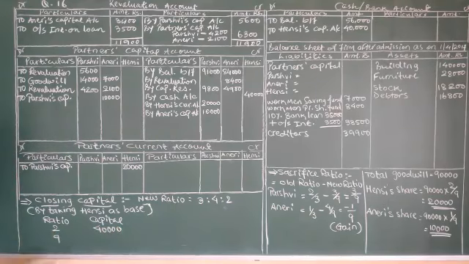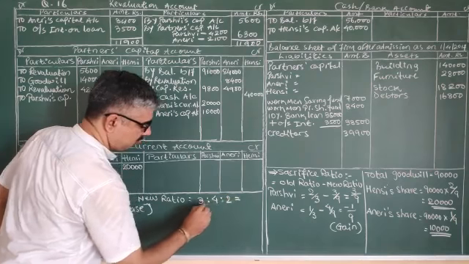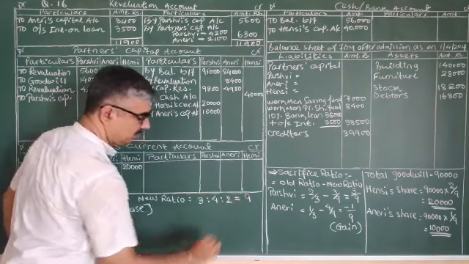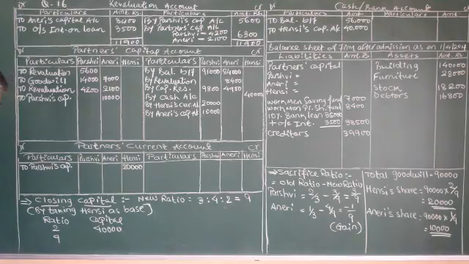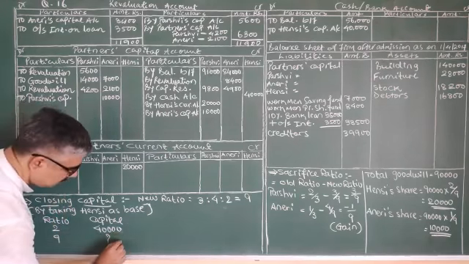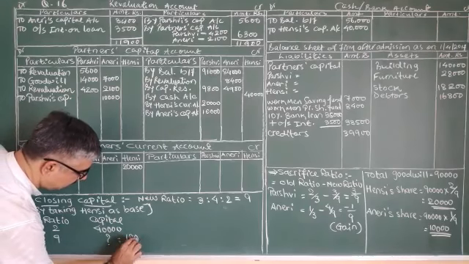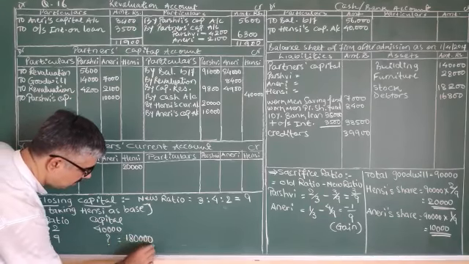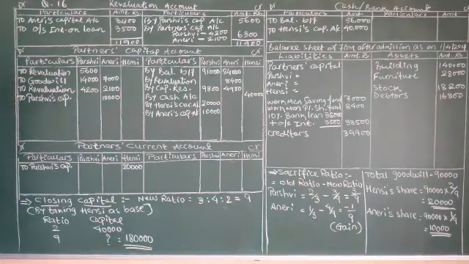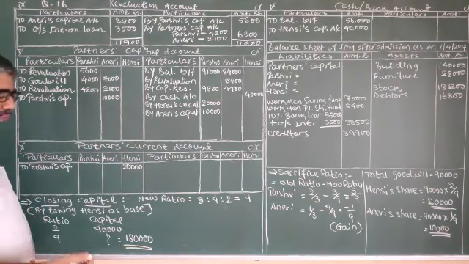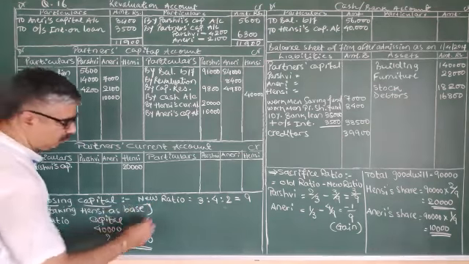If total ratio is 9, here you can do 3 plus 4 plus 2, 9, what should the capital be? By calculation, the amount comes to 1,80,000. Now you can distribute it in ratio.